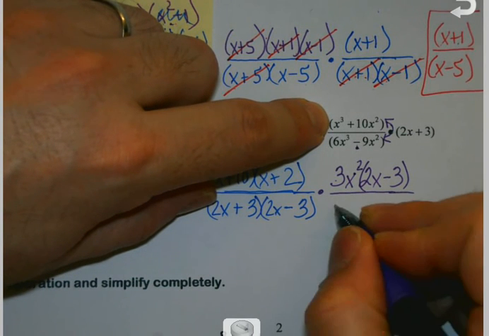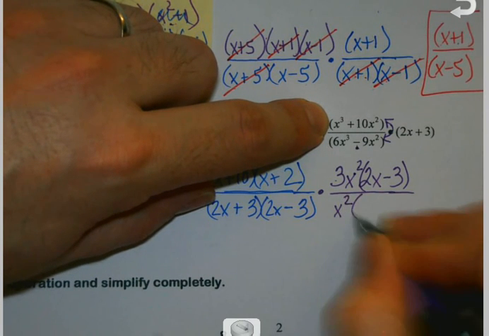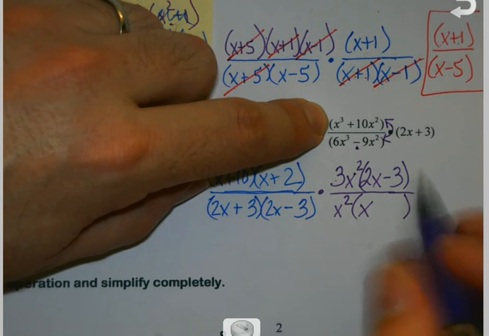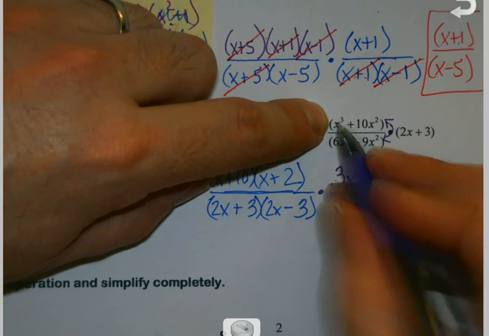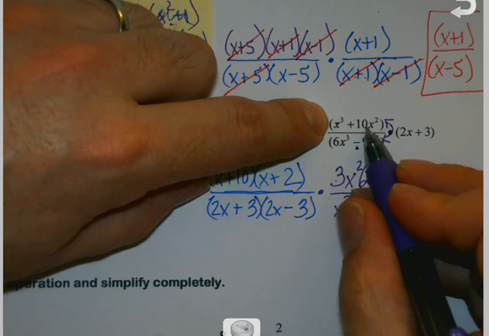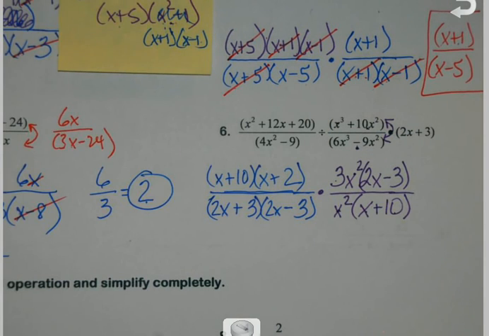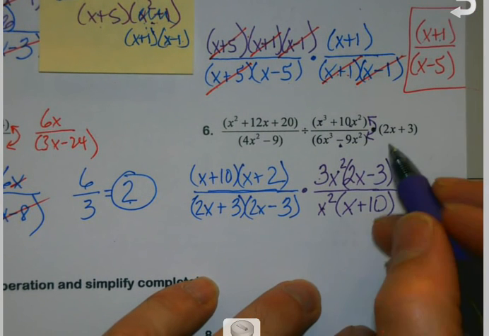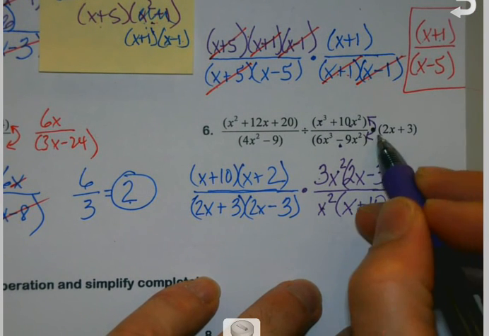X squared. X squared and x is x to the third. X squared times 10 is 10x squared. And then remember, this last one's not even a fraction.